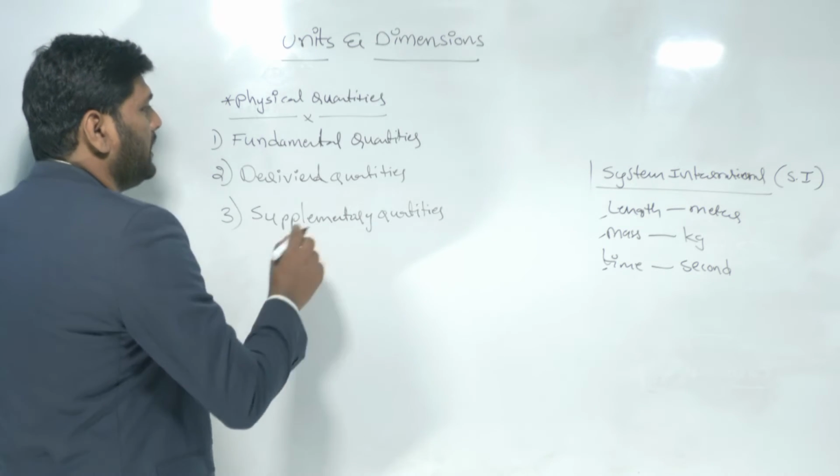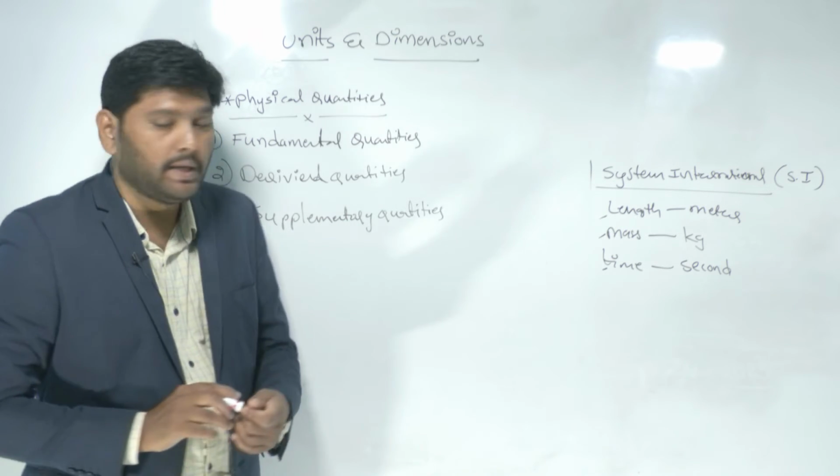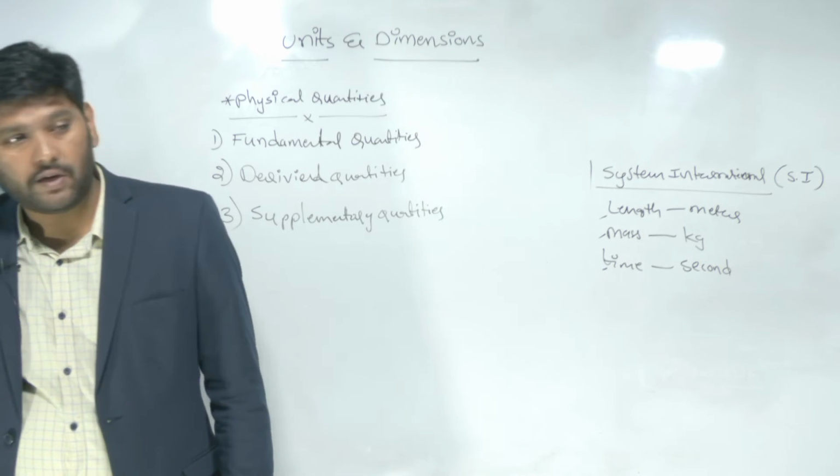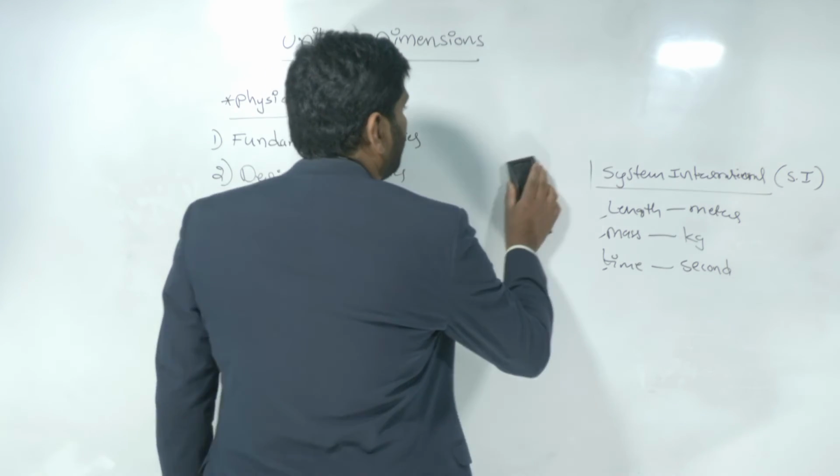Here, how many fundamental quantities do we have? Already you know the fundamental quantities are 7.